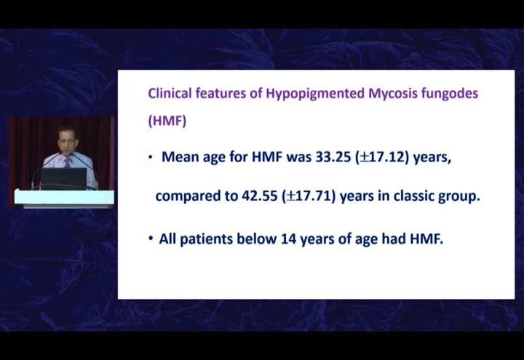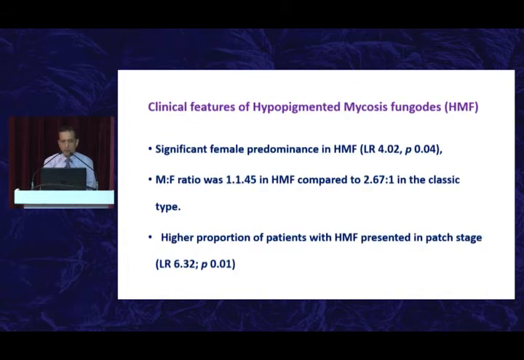Okay, but you'll be interested, all the patients below 14 years of age had hypopigmented. There were no cases in our series with the hyperpigmented form. There was a significant female predominance with a p-value of 0.04. You can see in hypopigmented mycosis fungoides, it's commoner in females than in males, whereas the classic type is commoner in males more than females.